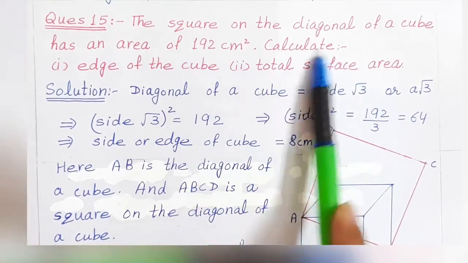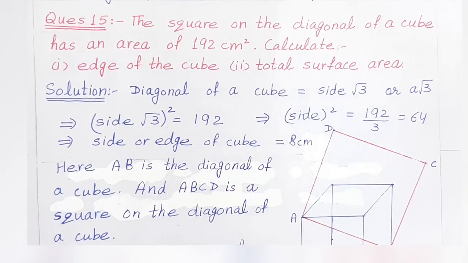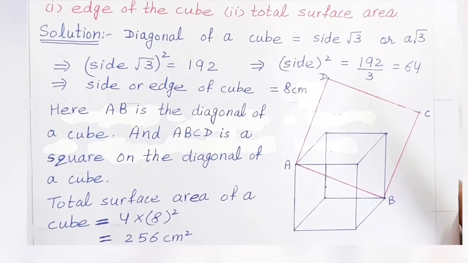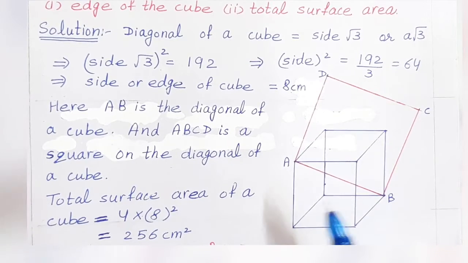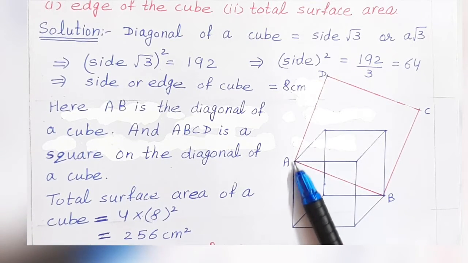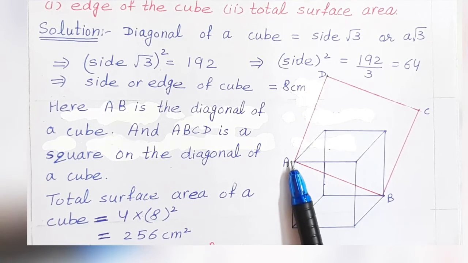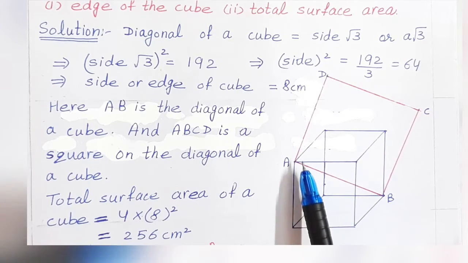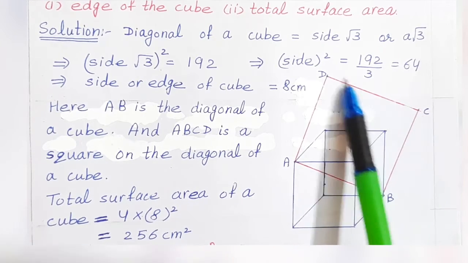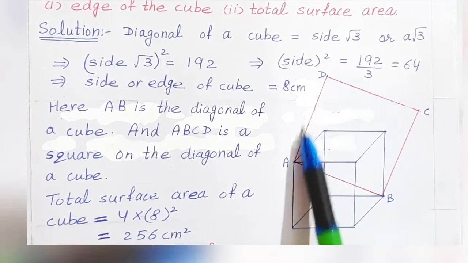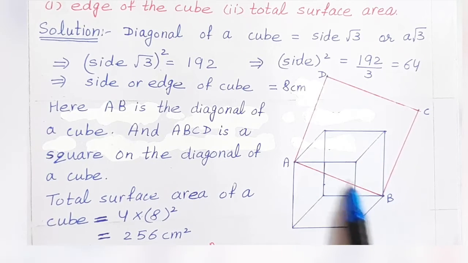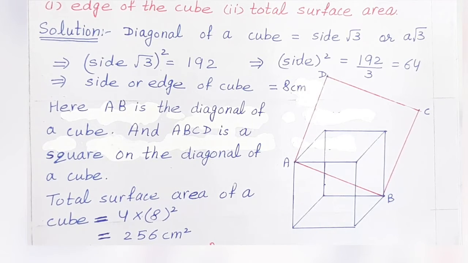Now students, let us understand this question with the help of the given figure. Here you can see that a cube is drawn. Now AB is the diagonal of the cube and ABCD is the square on the diagonal of a cube. Clear?